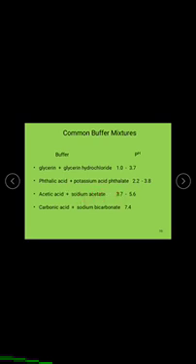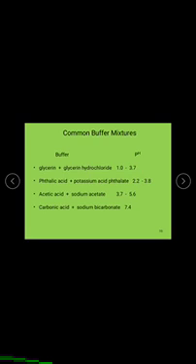It is a common acidic buffer solution. And one more is phthalic acid and potassium acid phthalate, glycine and glycine hydrochloride. These are all the examples for the acidic buffer solution. For glycine and glycine hydrochloride, its pH range is 1.1 to 3.7.